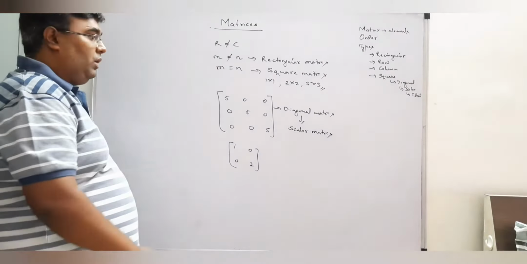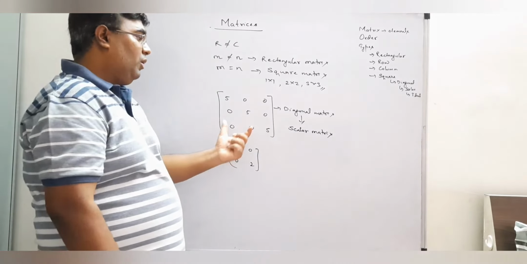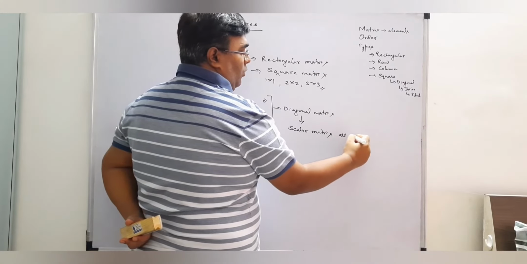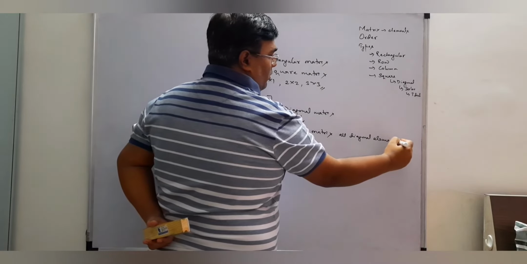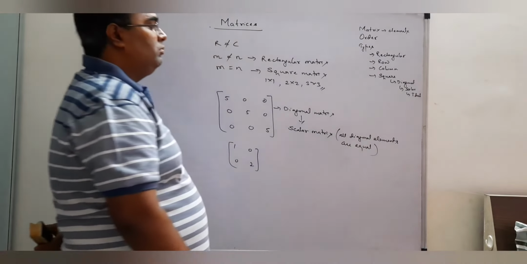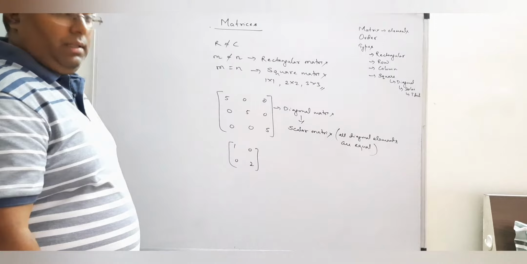So if all the diagonal elements of the diagonal matrix are equal, we call it a scalar matrix. So this is another type of matrix.